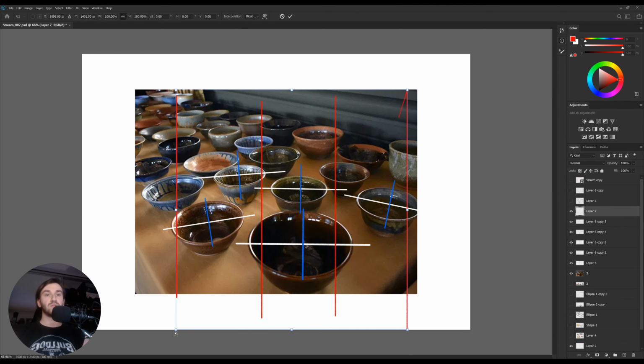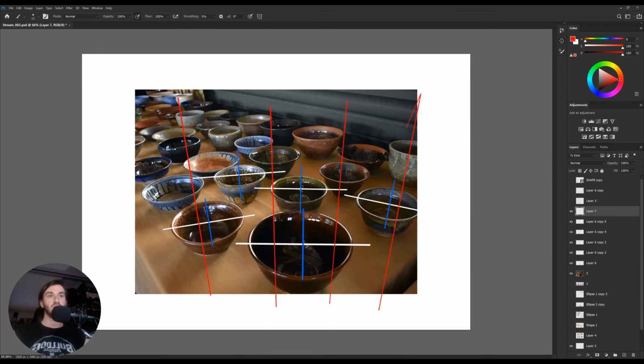And you can see that the third vanishing point has this angle more or less, because the short axes are directing the angle of our 3-point perspective this way.